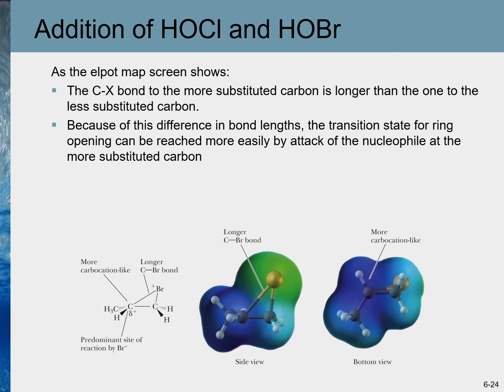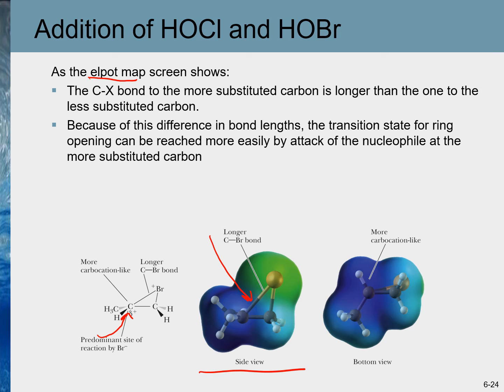The preferential attack of water in step number 2 of this reaction mechanism on the more substituted carbon of the bridged brominium intermediate can be explained with the help of electrostatic potential map as shown here. It is evident from this map that the carbon and halogen bond to the more substituted carbon is longer than the one with the less substituted carbon.